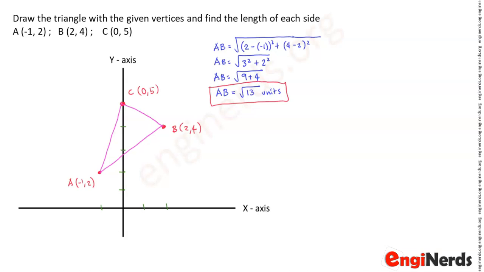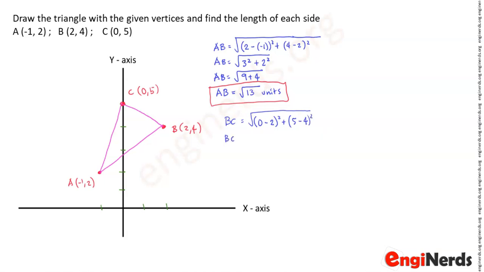And then next, kukunin naman natin yung distance from B to C, in which ang point 1 natin is B at ang point 2 natin is C. Therefore, ano ang ating x2? Ang x2 natin is 0 minus ang x1 natin is 2 squared plus ang y2 natin is 5 minus ang y1 natin is 4 squared.